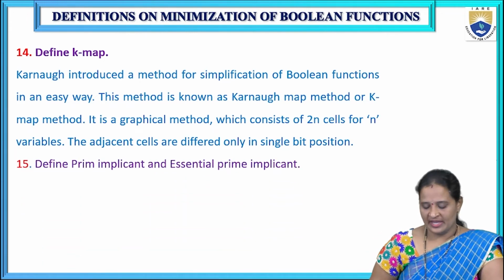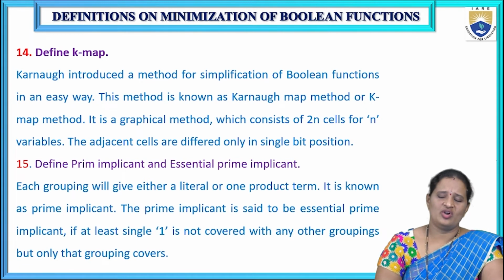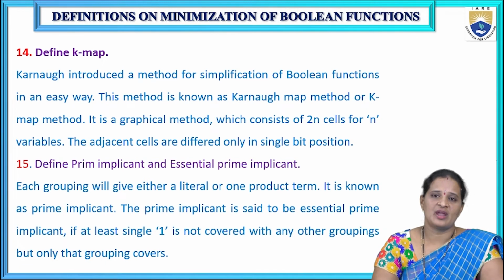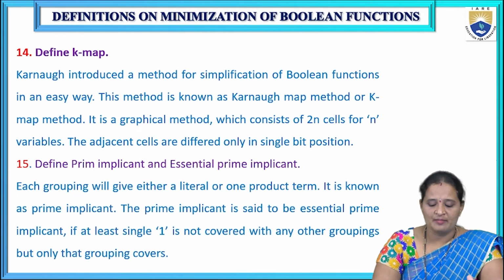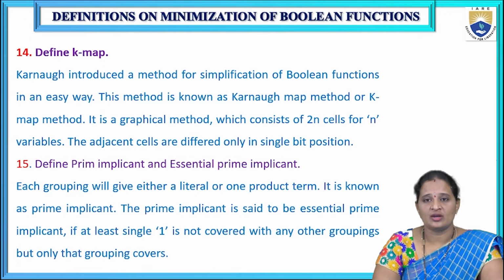Define prime implicants and essential prime implicants. What do you mean by prime implicant and essential prime implicant? The prime implicants are the product or sum terms written for each of the groups formed in a K-map.